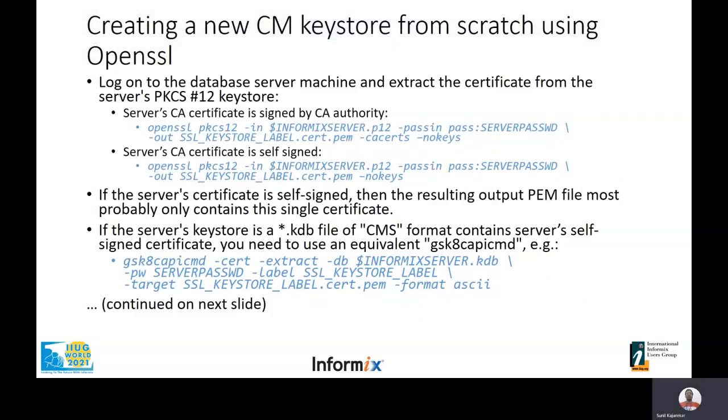If the server's certificate is signed by a certificate authority, then we'll use openssl pkcs12 -in your Informix server.p12 -passin, then password, -out, the certificate name .cert.pem, then -cacerts -nokeys. If your server's certificate is self-signed, then you will not use the -cacerts option in the above command.